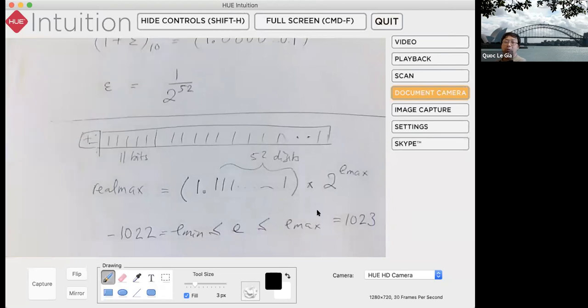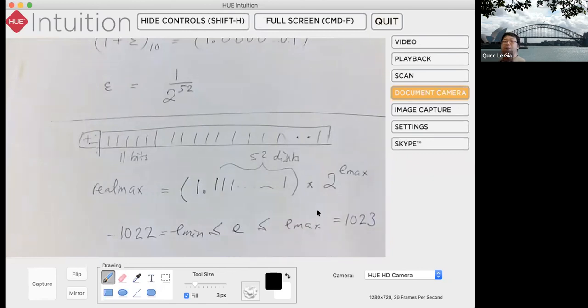You will see that it's not exactly 2048, because you have only 2046 here.